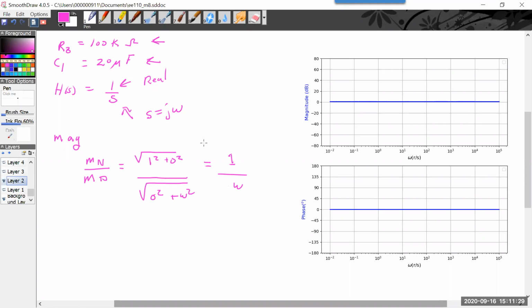So we have 20 log 1 over omega, which then becomes minus 20 log of omega. Since we're plotting on a logarithmic by decade scale, every time we go a decade, we are going to go down minus 20 dB.